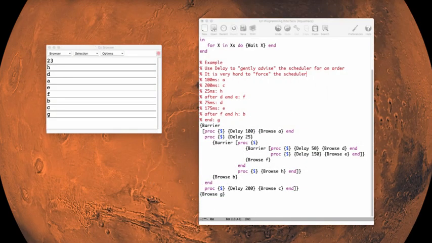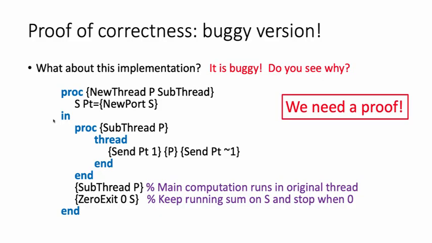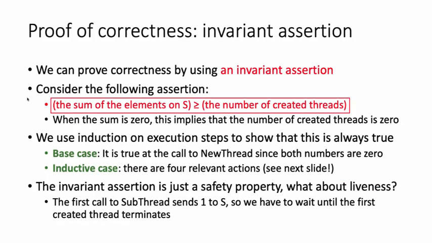So let's show how we do this reasoning now. This reasoning actually is going to use an invariant. So we need a proof. We're going to make a proof using invariant assertions. Now, we already talked about invariants for loops and so on.